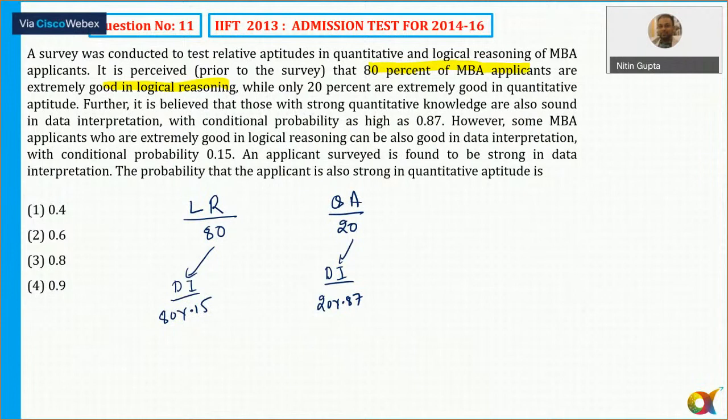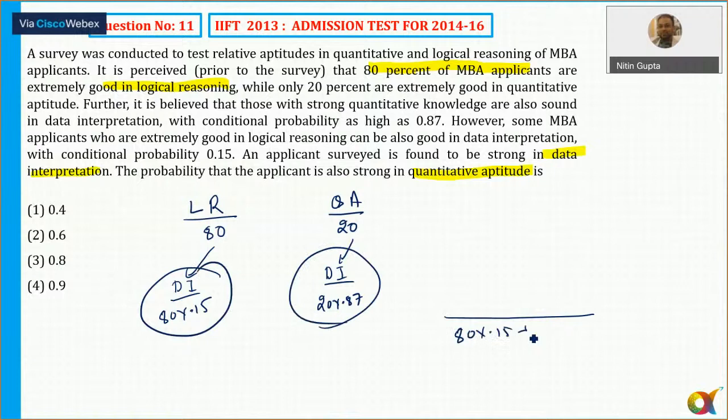Okay. Next point. An applicant surveyed is found to be strong in data interpretation. ठीक है. अब एक सर्वे होता है, उसमें ये पाया जाता है कि डेटा इंटरप्रिटेशन में अच्छा है. Then the probability that the applicant is also strong in quantitative aptitude, कि वो क्यूए में भी अच्छा है. Again based on conditional probability. अब डिनोमिनेटर में सर्वे में ये पता लगा कि कुछ एप्लीकेंट डीआई में बहुत अच्छा है. सो न्यूमरेटर में कौन सा पार्ट?